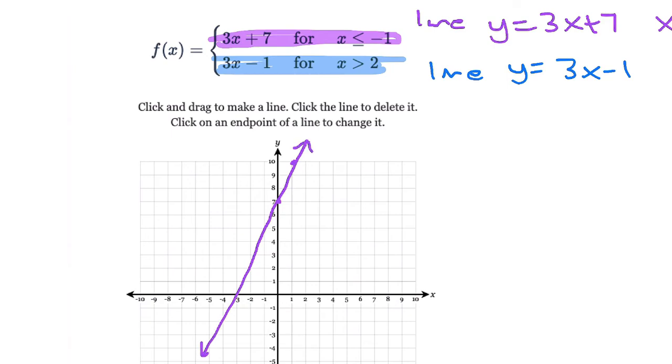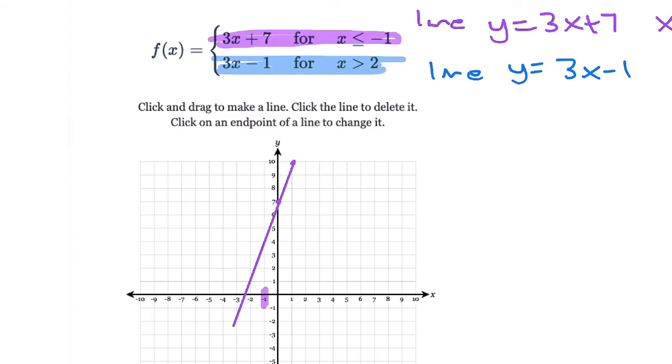But we don't use that line everywhere. Notice that we only use that line from negative 1 and smaller. My line's a little bit off, so I'm going to erase it a little. We don't want this whole line.